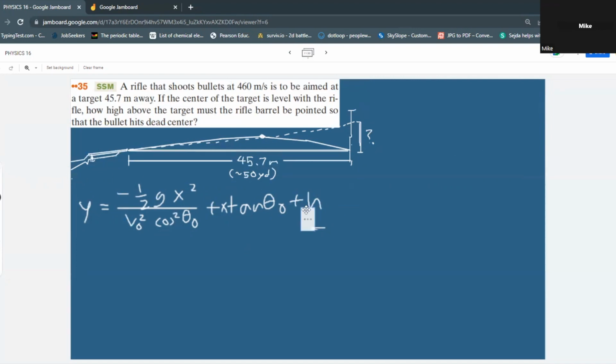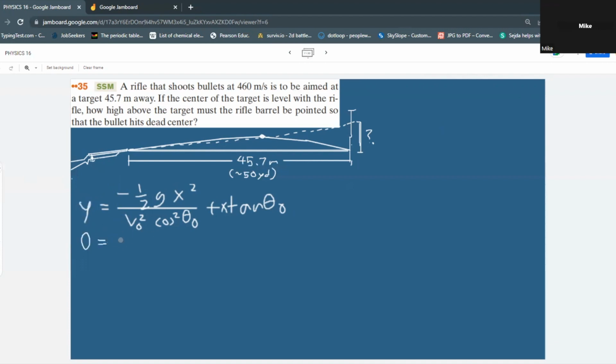Then what is the final value of y? Also 0. Okay, nice. Copy, paste. Don't do that yet, because we need a new line.